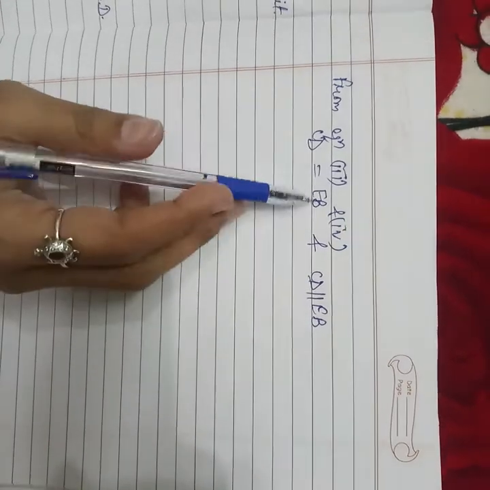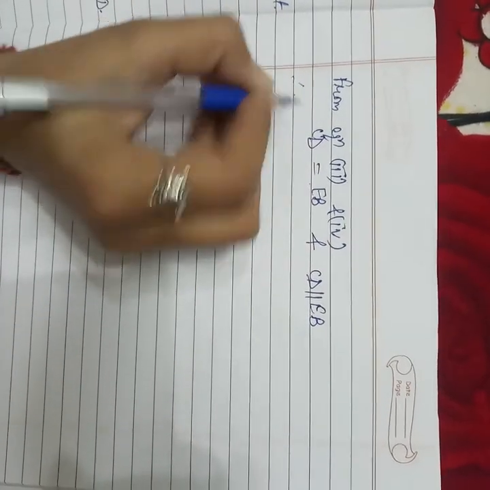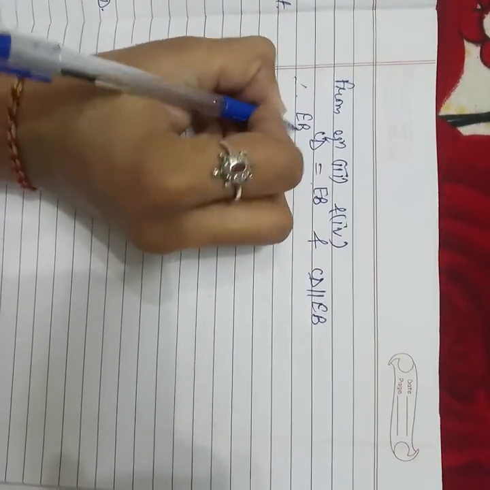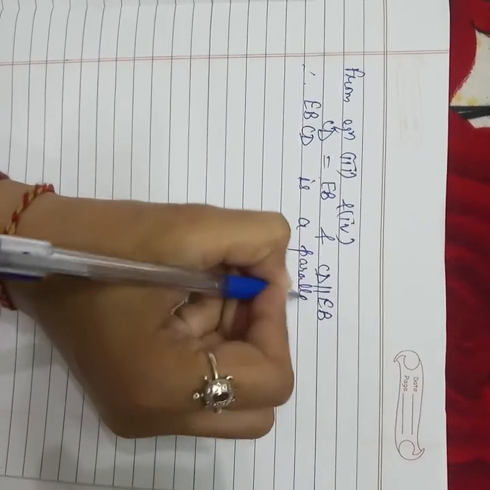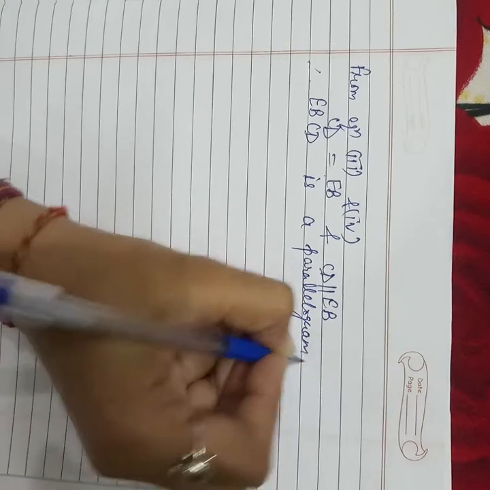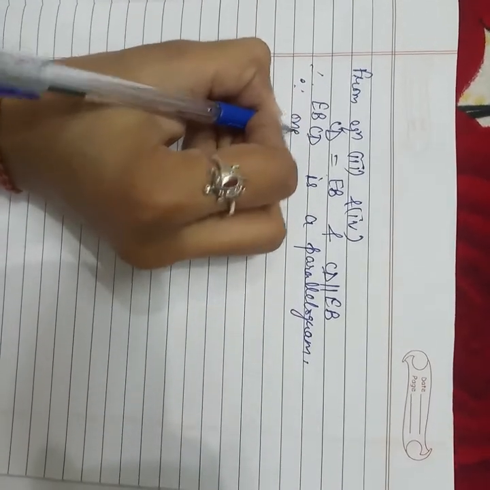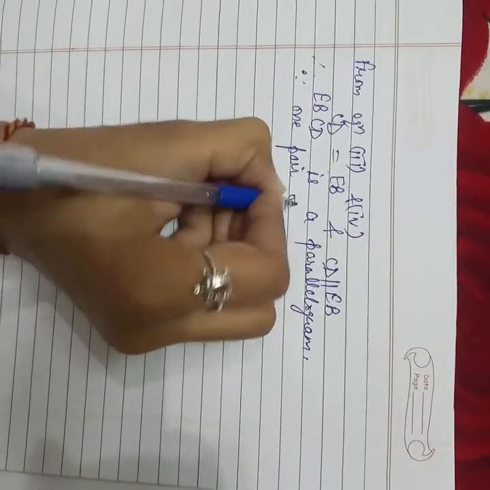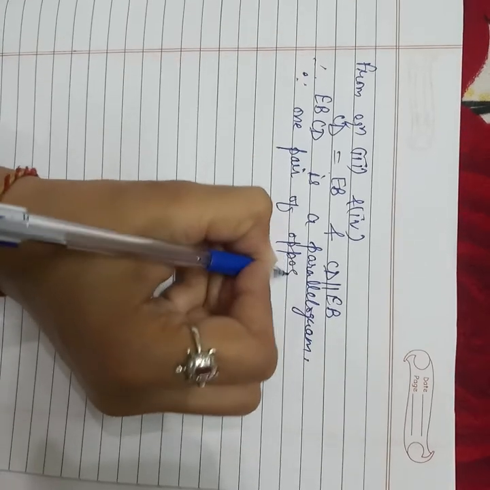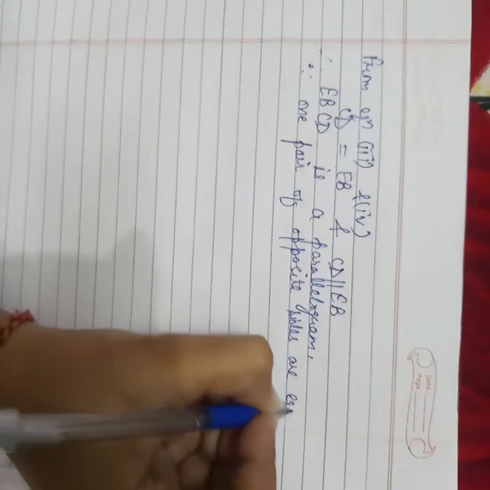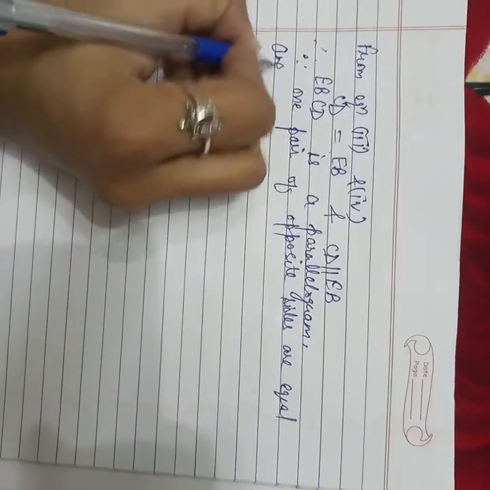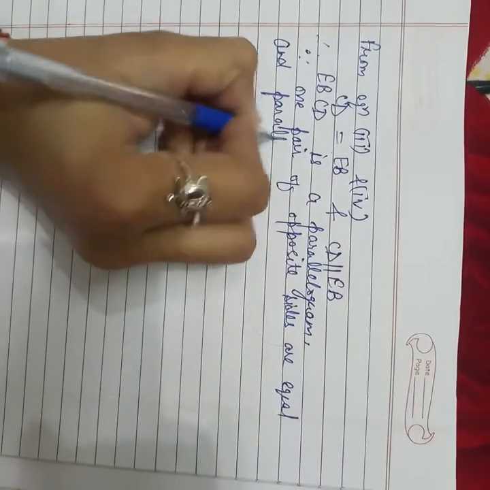Now these sides are equal and parallel, therefore EBCD is a parallelogram because one pair of opposite sides are equal and parallel.